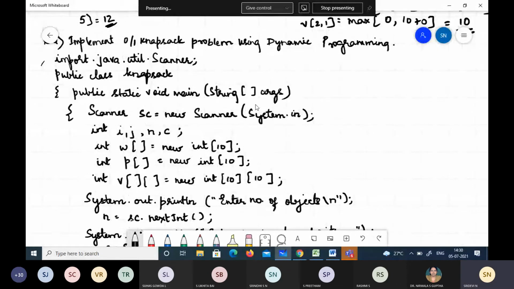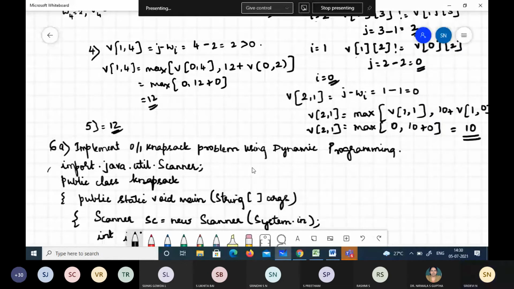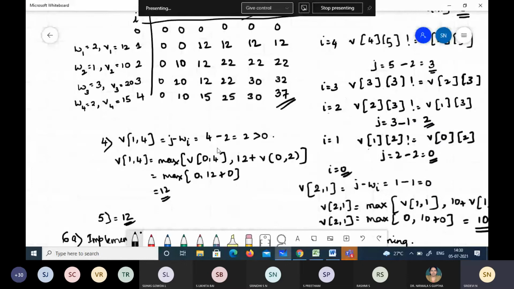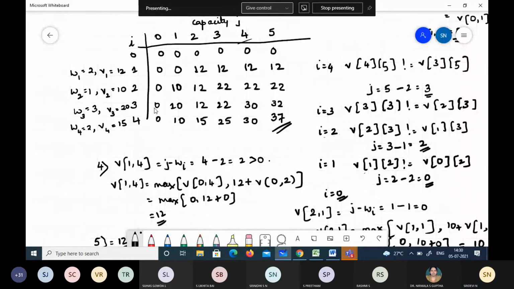In this case, we have to compare object 3 with 3 comma 3 with 2 comma 3.